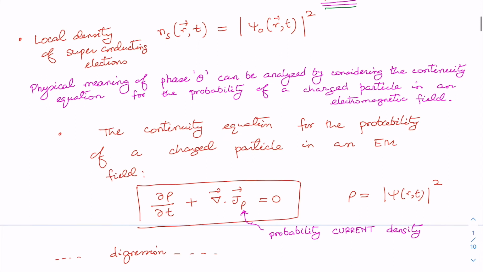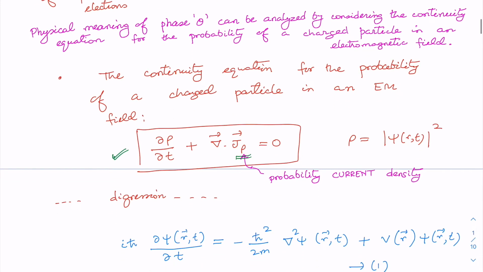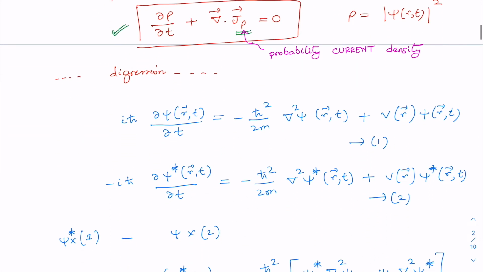The continuity equation is given by this expression, where rho is the probability density and J is the probability current density. We also showed how one can get this continuity equation starting from the Schrodinger equation.